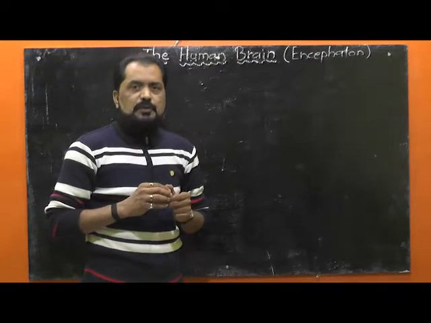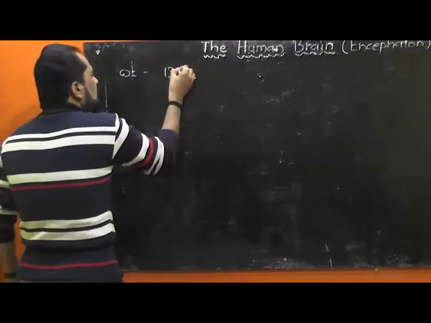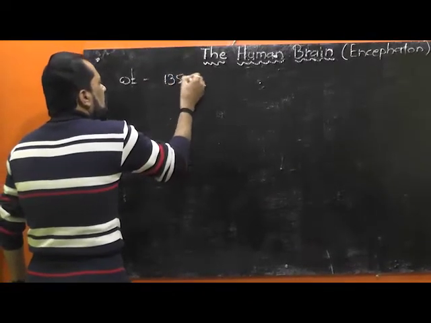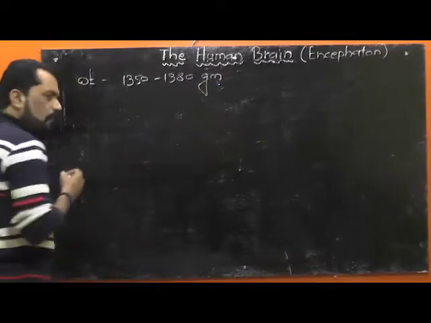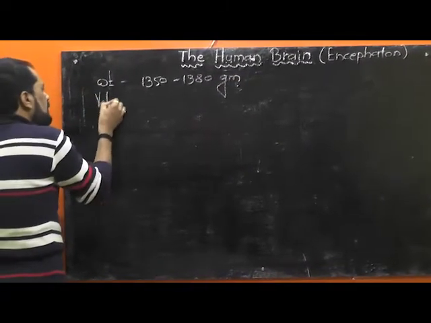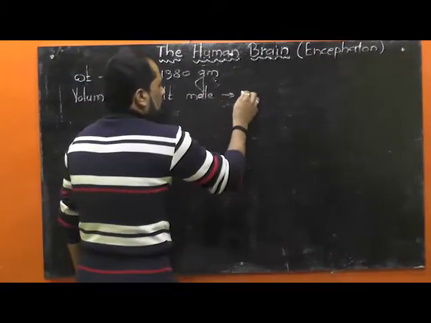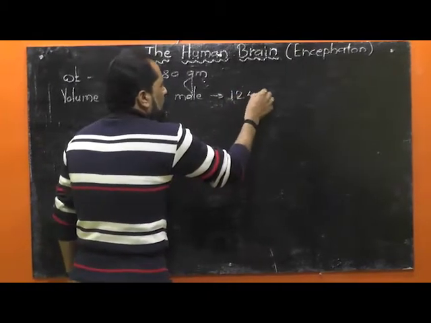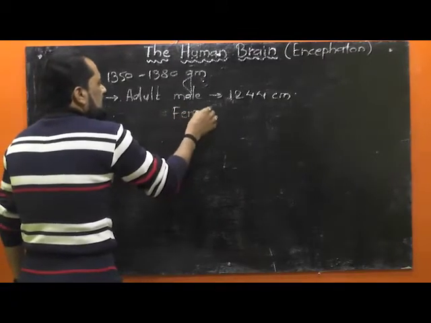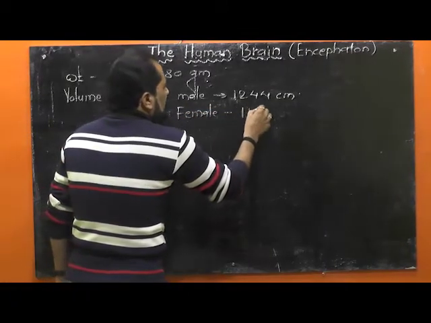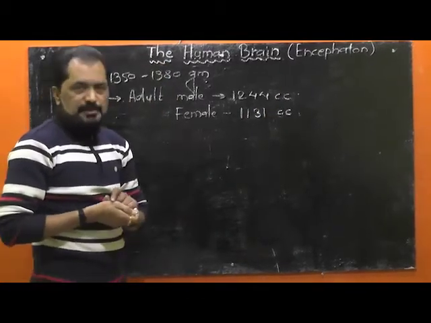In normal adult human being, the weight of brain is about 1350 to 1380 grams, while the volume of brain in adult male is comparatively more, that is 1244 cc, and in adult female it is about 1131 cc. cc stands for cubic centimeter.